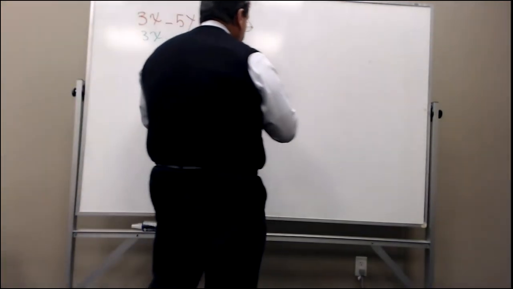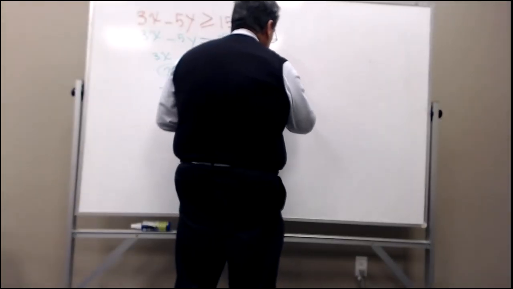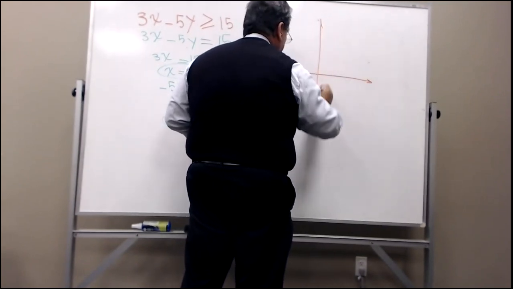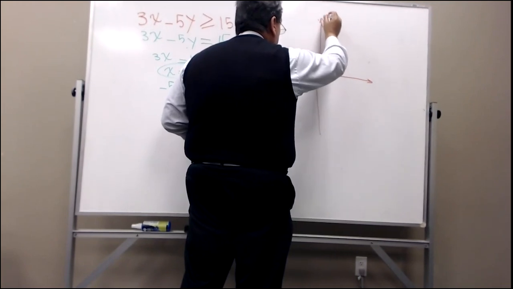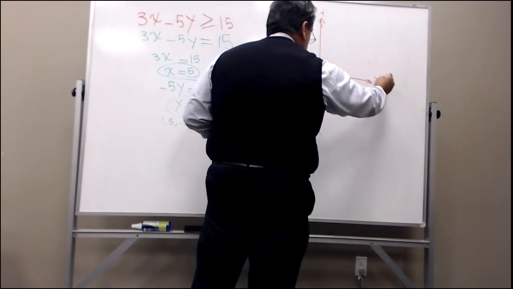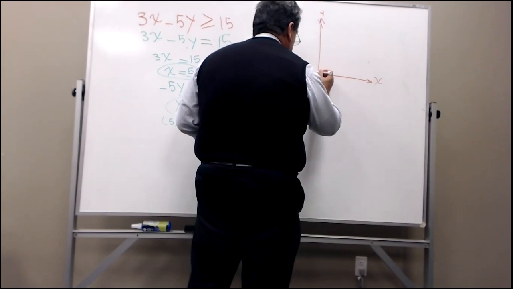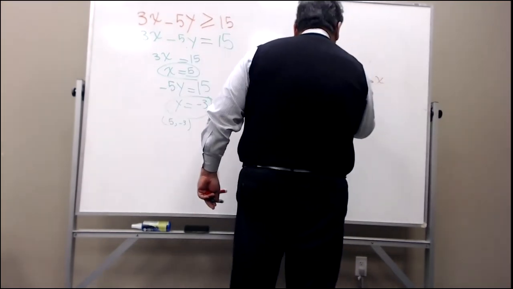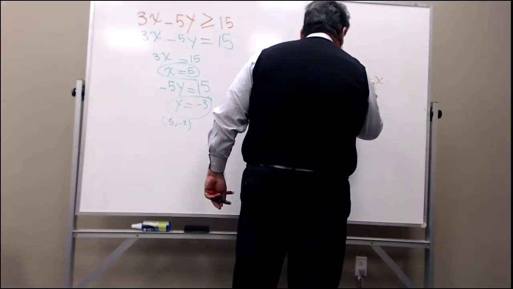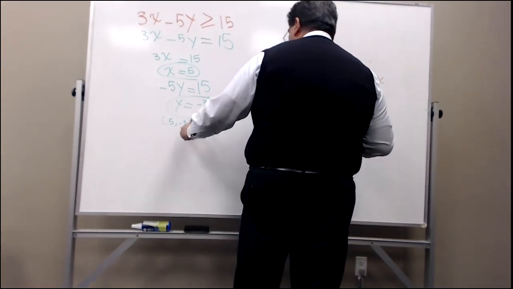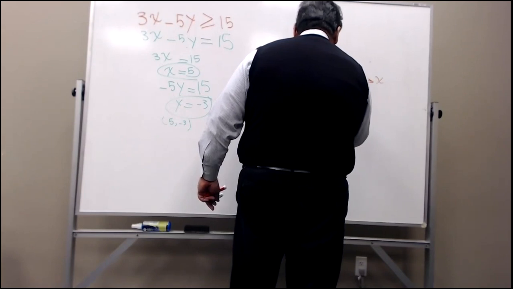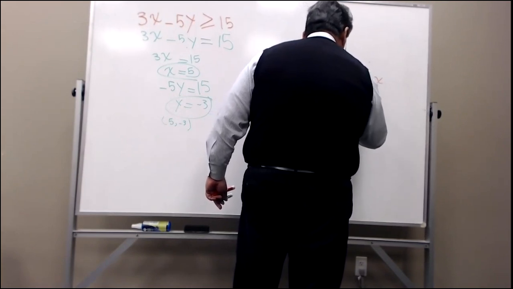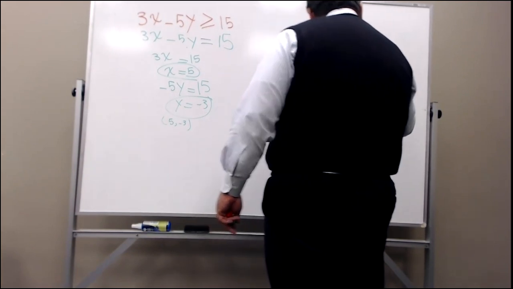If I draw the Cartesian system, the x-axis and the y-axis, this is the reference, which is 0, 0. I have x equal to 5: 1, 2, 3, 4, 5. Y is minus 3: 1, 2, 3. So my point is here. This line goes through this.